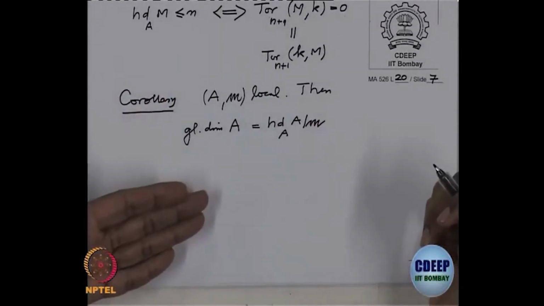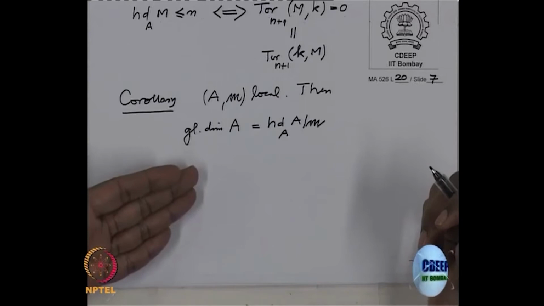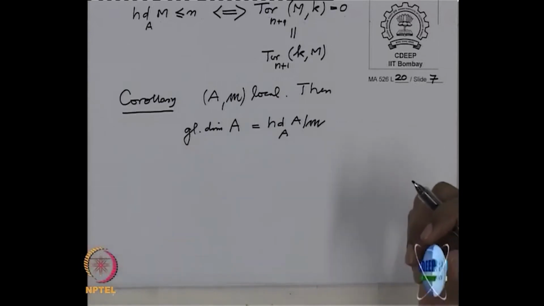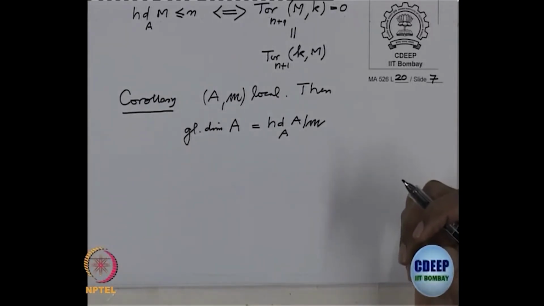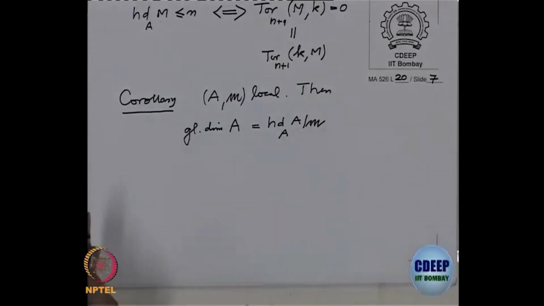That means we take a projective resolution of A/M and see how long it goes. If the length is n, then the homological dimension is n. If the length is not finite, that means global dimension is not finite. This is very easy to check.